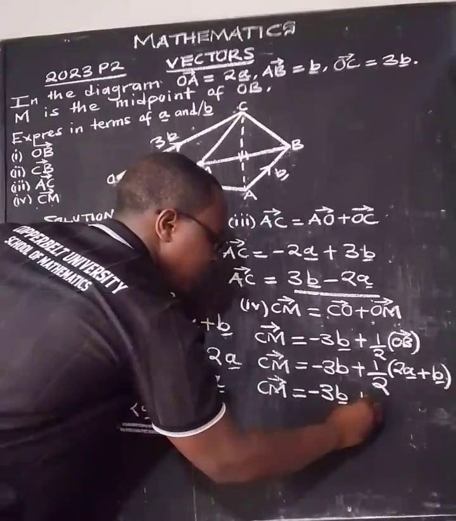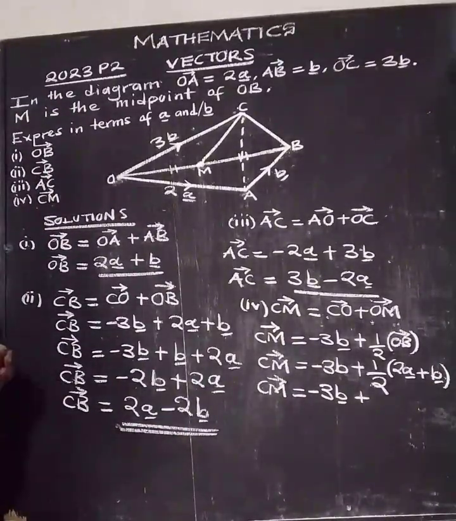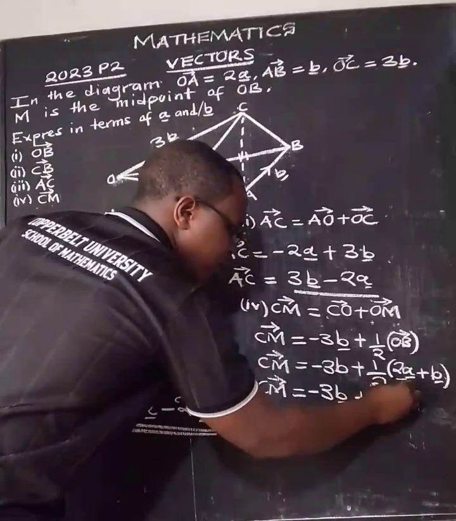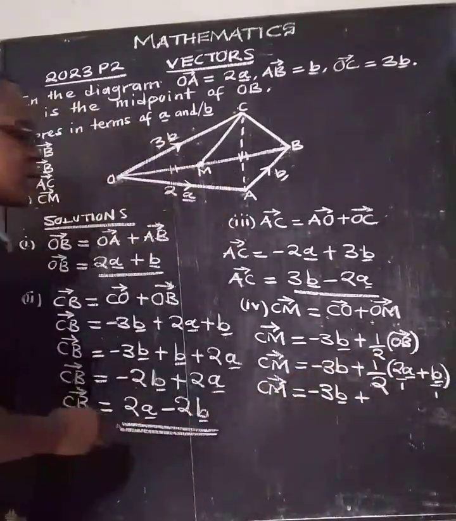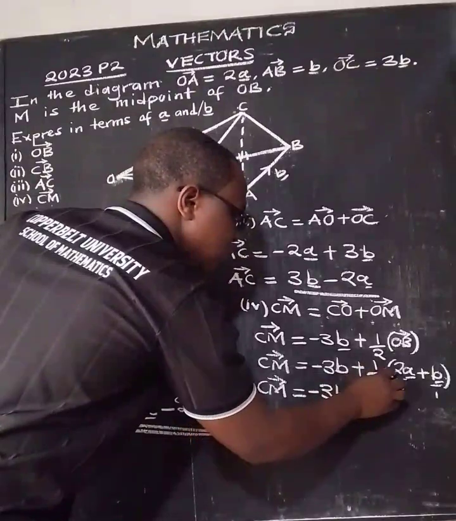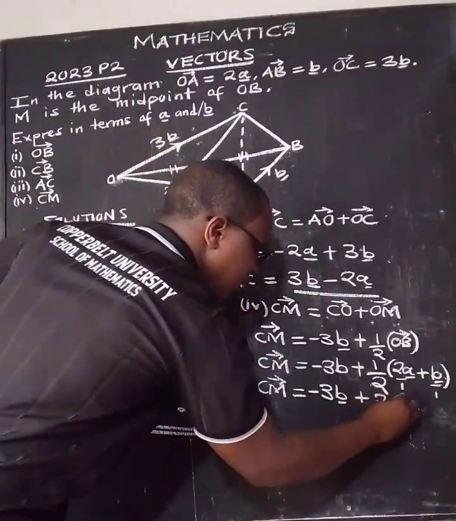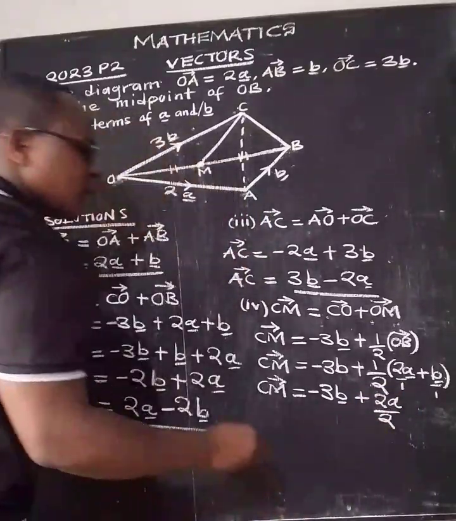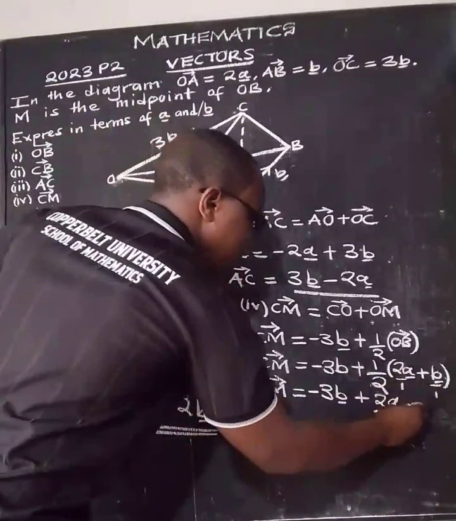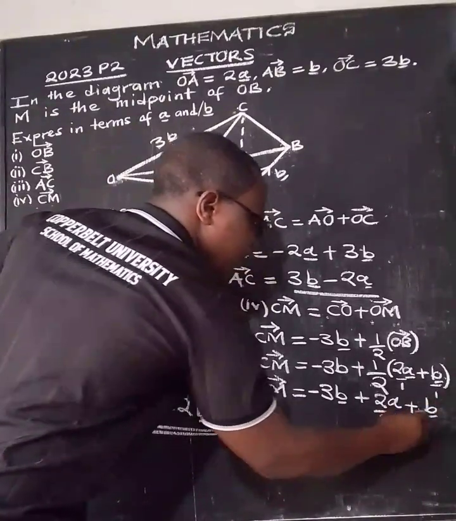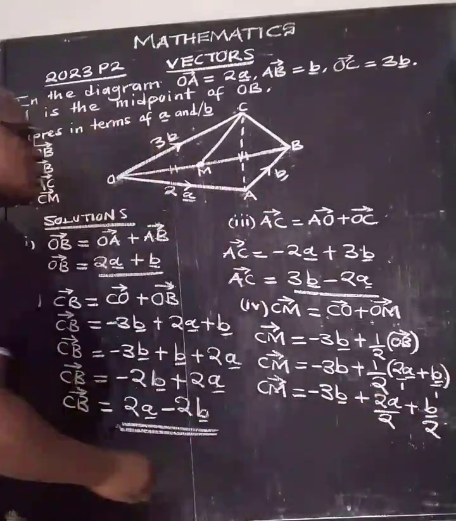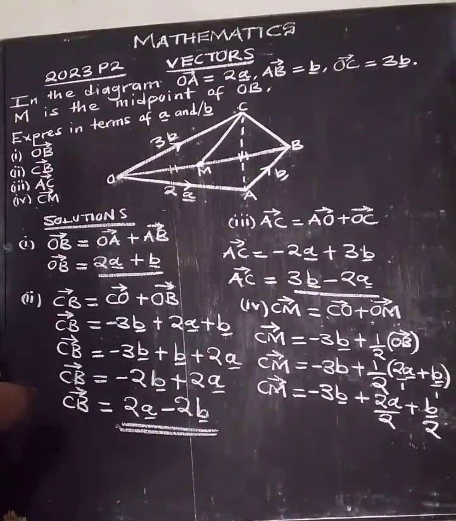Okay? Plus, you can now distribute, you can now multiply. So it's like you have a 1 here. Okay, so 1 times 2 vector A gets 2 vector A over 2 times 1 you get 2. Okay, then 1 times vector B you get vector B, then 2 times 1 you get 2. Okay, so now at this point you can now group the like terms.